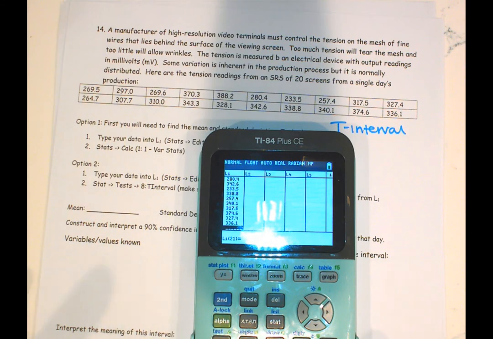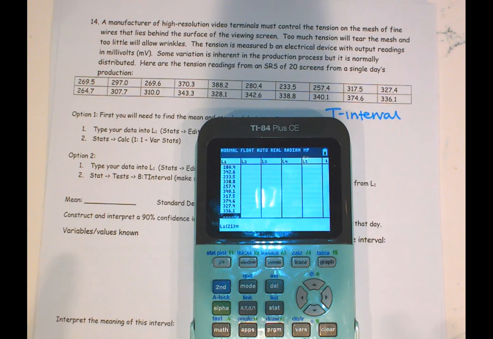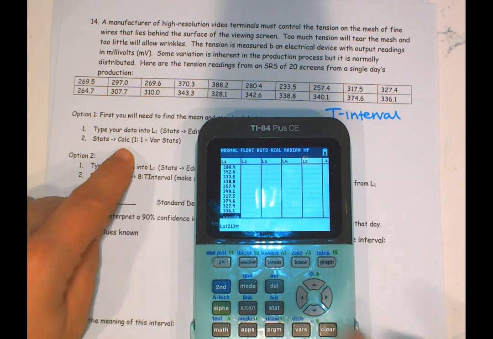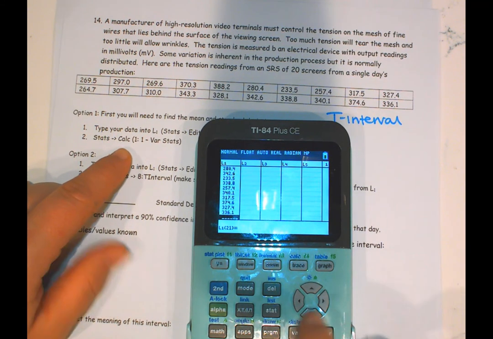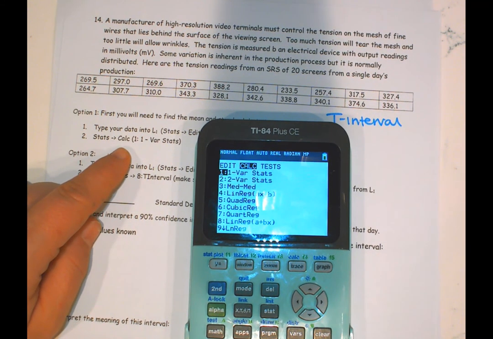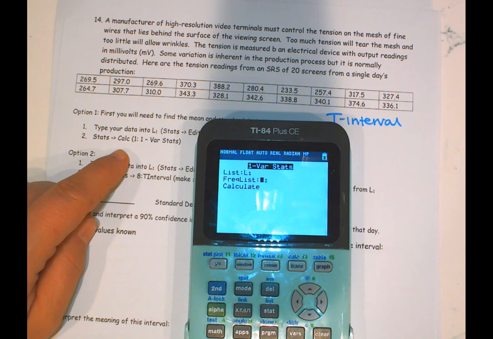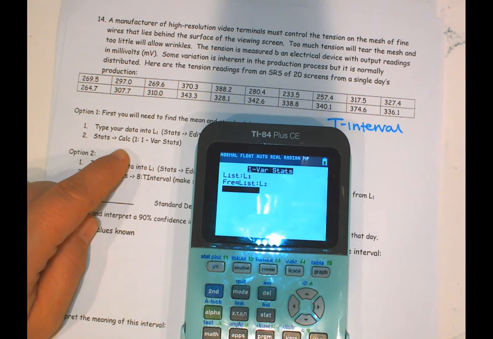Okay, so I have all of my data typed into my calculator into list 1. So the first option is, if you want to know the mean and standard deviation before you get started, you can totally find that. We did this in Unit 2. If you hit Stat, go over to Calc, pick your 1-Var Stats. You're telling it to take it out of list 1.